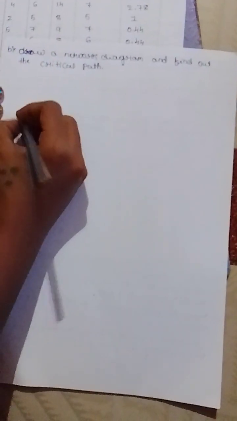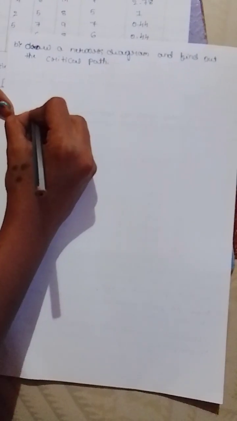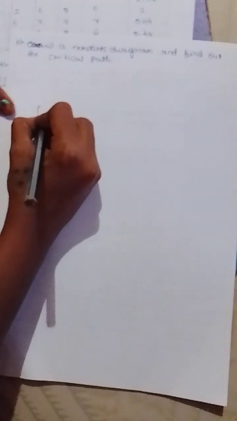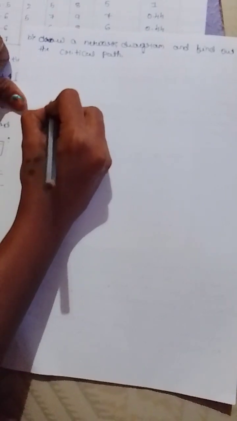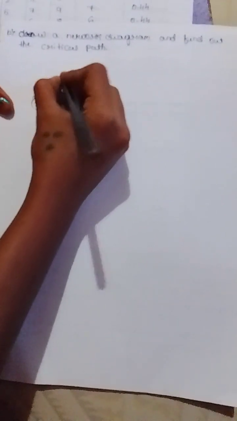Based on the expected time, we draw the networking diagram. First, activity 1 is 1 to 2. So, I take 1 here and 2 here.